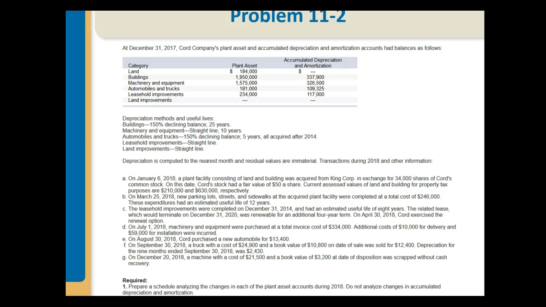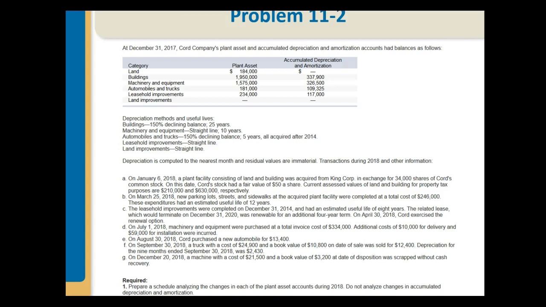D. On July 1st, 2018, machinery and equipment were purchased at a total invoice cost of $334,000. Additional cost of $10,000 for delivery and $59,000 for installation were incurred.